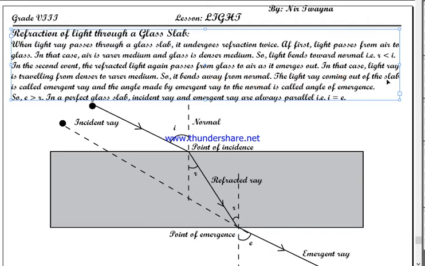The light ray coming out of the slab is called the emergent ray, and the angle made by the emergent ray to the normal is called the angle of emergence. So e is greater than r.